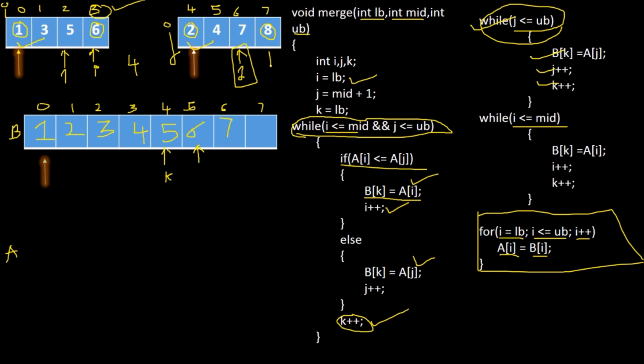Yes, now j is equal to 7 and hence we also copy the 8 here. Then j plus plus, now j is not less than or equal to ub, this condition is false. i is also not less than or equal to mid, so this condition is also false, and this for loop will execute to copy all the elements of the b array into this a array.